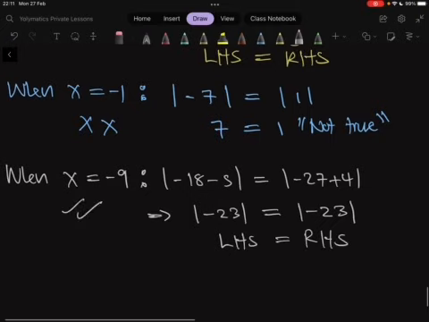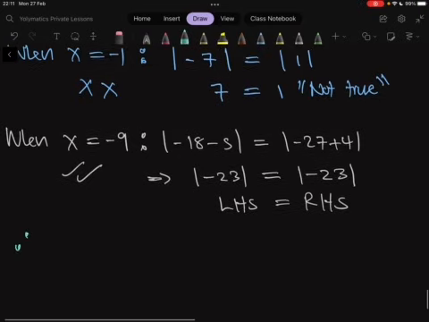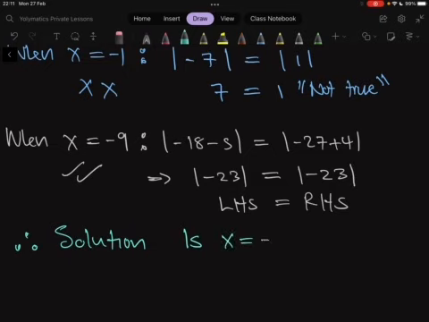So this is another solution. Therefore the solution is x equals -9 or x equals 1/5.